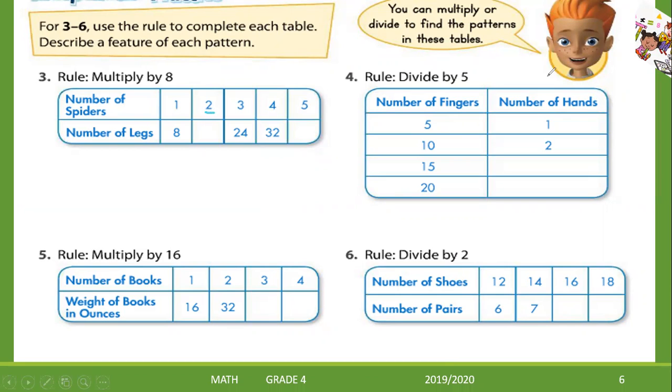Let me change the color so it appears. Okay, I have to follow the same rule, multiply by 8.